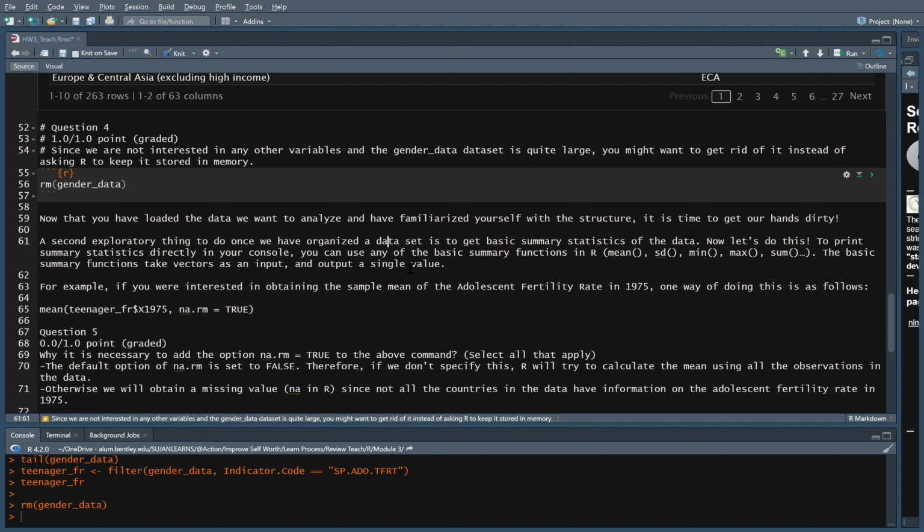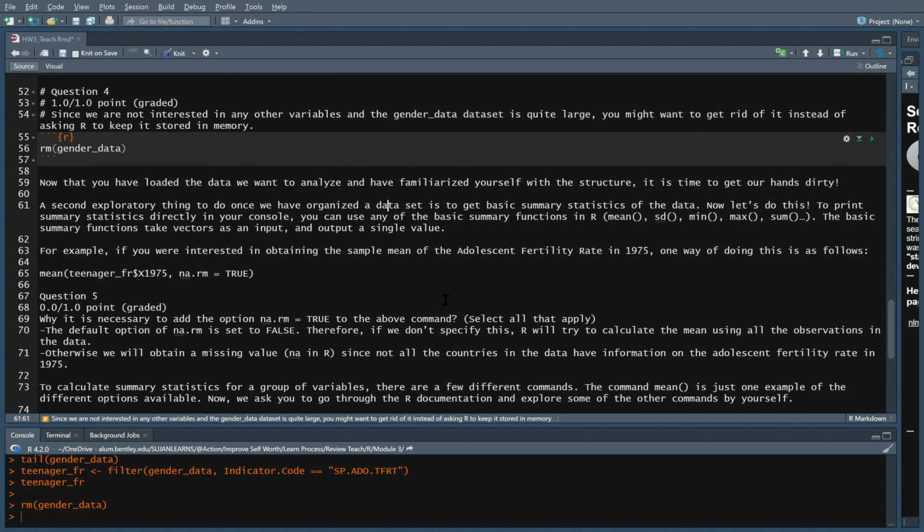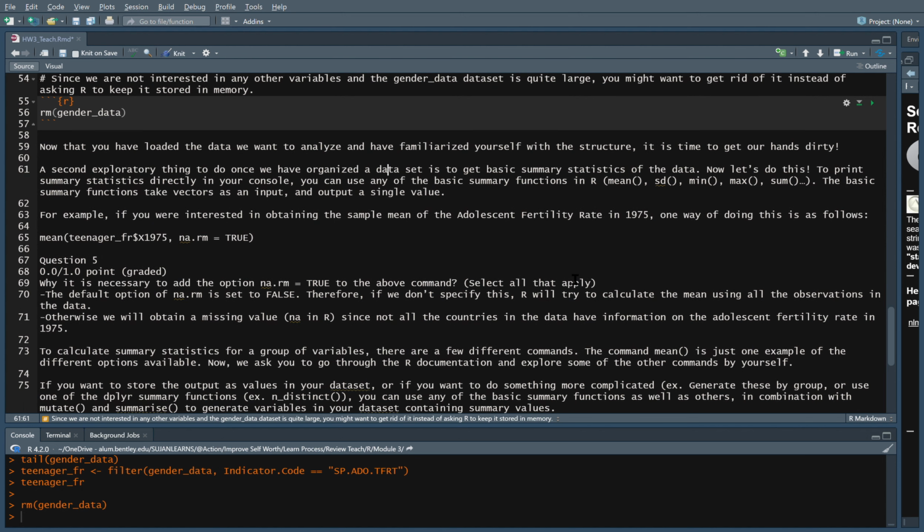Now we are supposed to do some exploratory analysis using functions such as mean, standard deviation, min, max, sum, etc. These are the basic functionality that R provides to do the data profiling for data you have. Now, question number 5 says, why is it necessary to add the option na.rm equal to true to the above command?